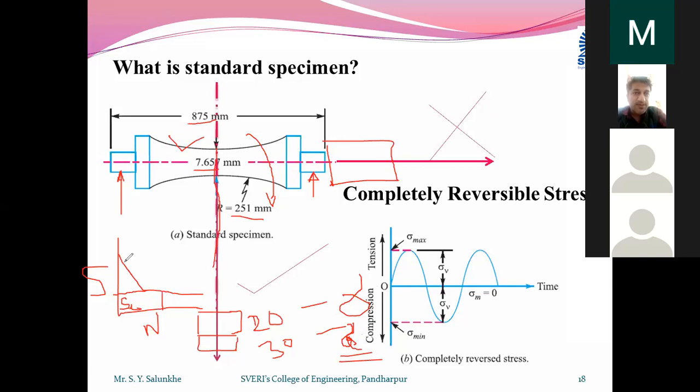Above it, if you apply a higher value of stress, then a limited number of cycles will be sustained by that component or standard specimen. That value of stress will become the endurance limit of that particular material.